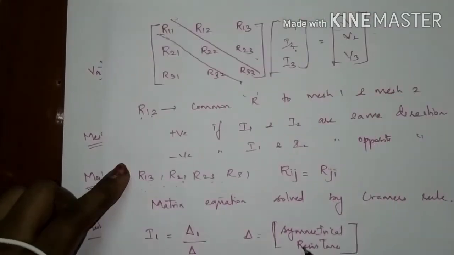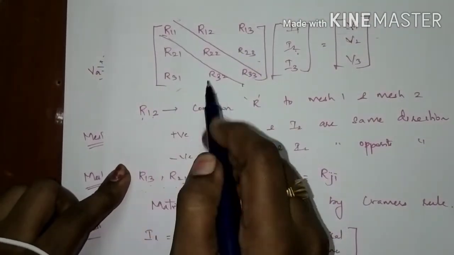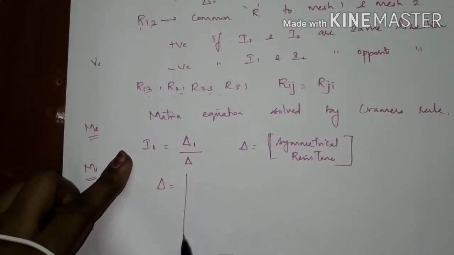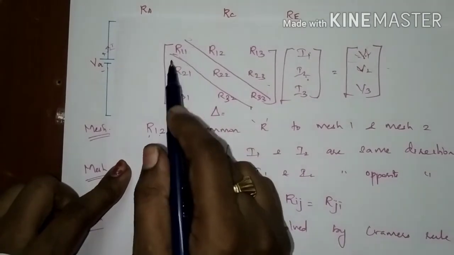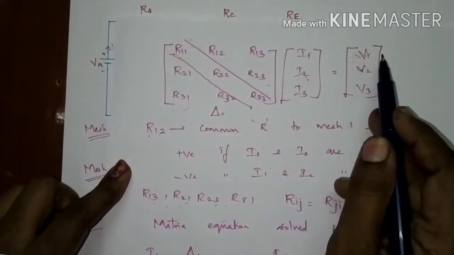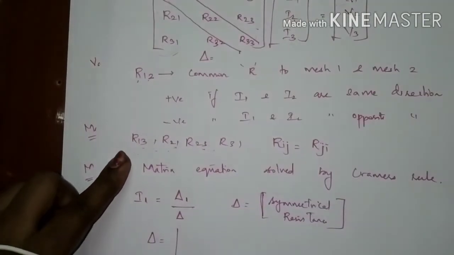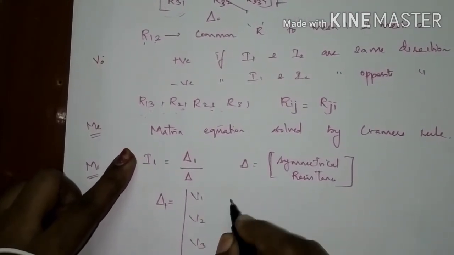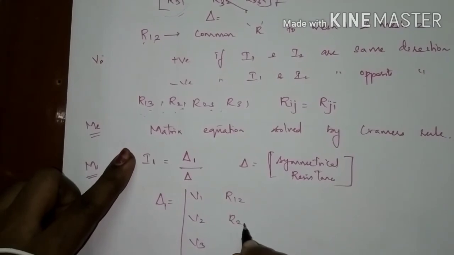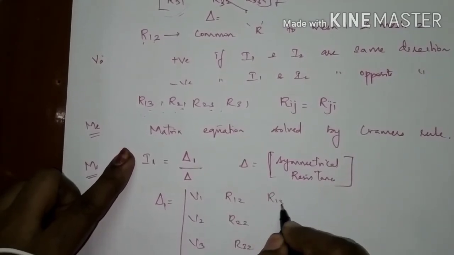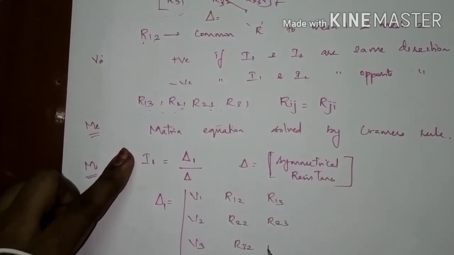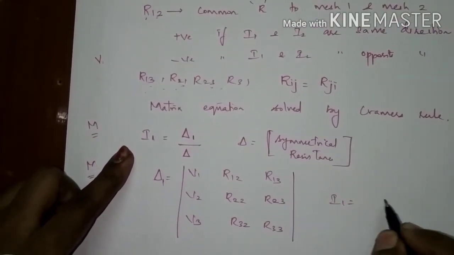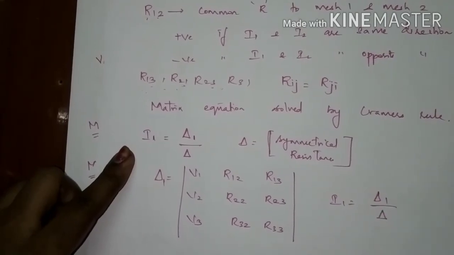Del 1 is obtained by replacing the first column with the voltages V1, V2 and V3, with the remaining columns retained as they are. If you find the determinant of this, you will get the value of del 1. Then the I1 current is del 1 divided by del.